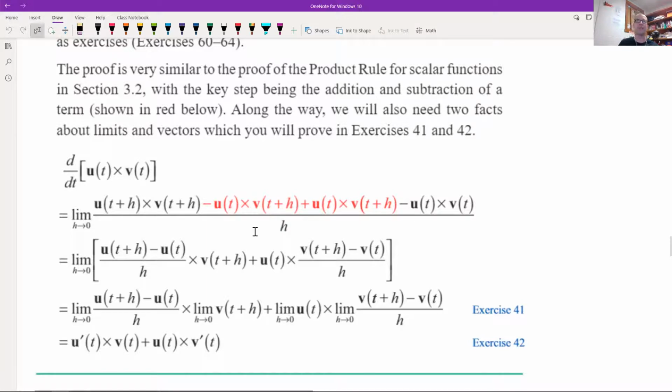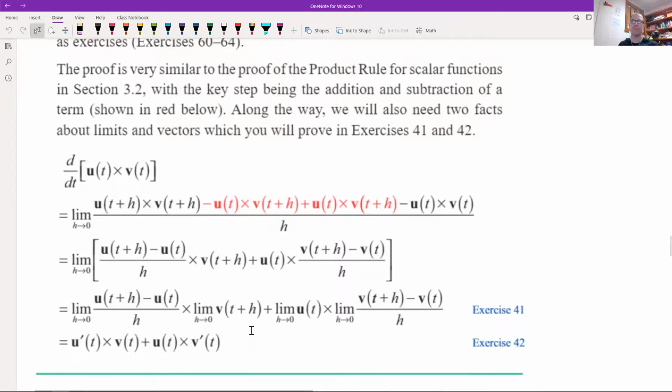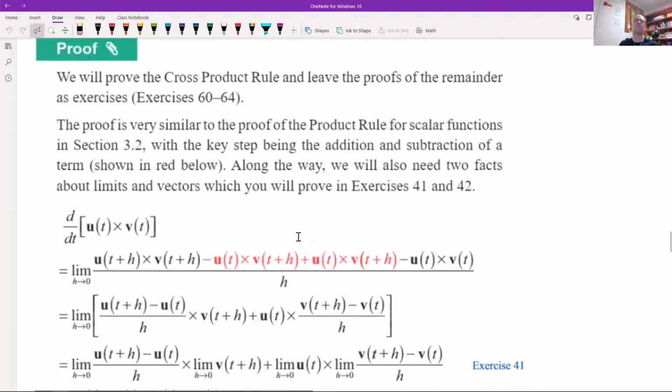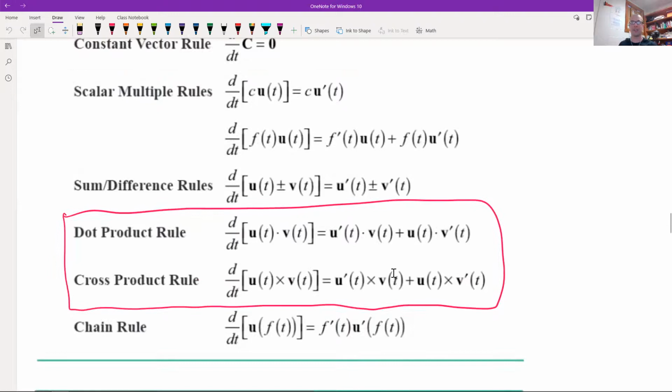You can do the cross product using that limit definition of the derivative, and then combine things strategically so that you have a derivative for this difference quotient and a derivative for that difference quotient, and those are just what they are. So that kind of thing can be used to prove where these rules come from, but basically we're just going to be trying to apply these things.